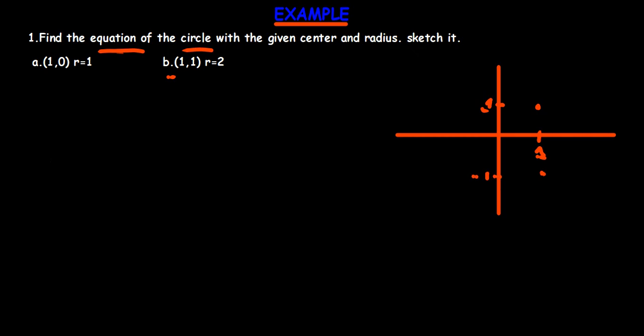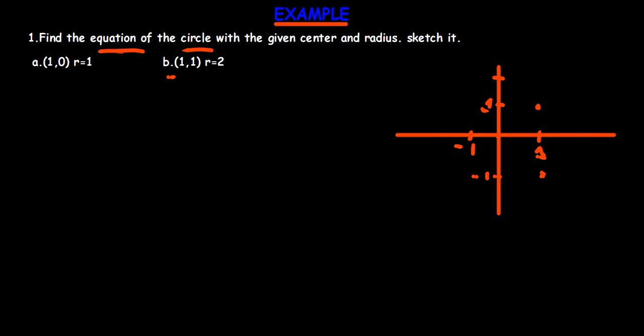So 1 comma negative 1 will be part of my circumference. When I move to the side, up to where negative 1 in the x is, that will also be part of the circumference. I'm just trying to get a few of those points.